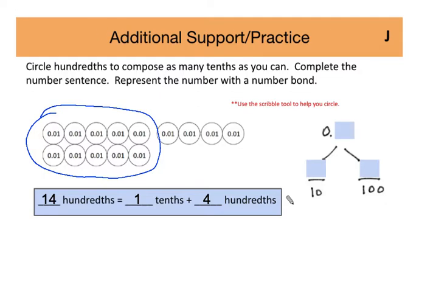So the decimal that we have, 14 hundredths, is made up of 1/10, right? That's why we have the 1 in the tenths place, 1/10, and then the 4 hundredths. I'd like you now to pause and complete slide K. When you're ready, you can meet me at slide L.